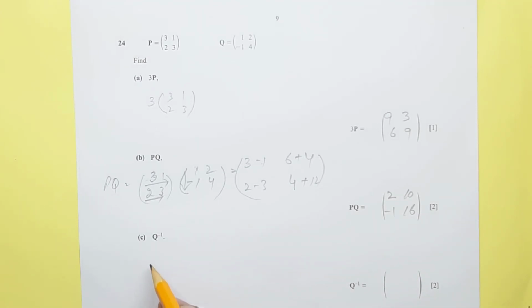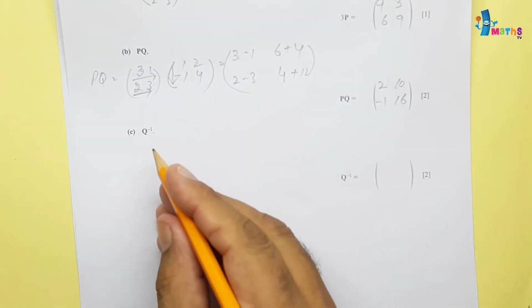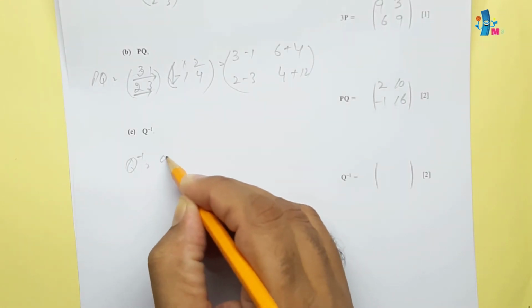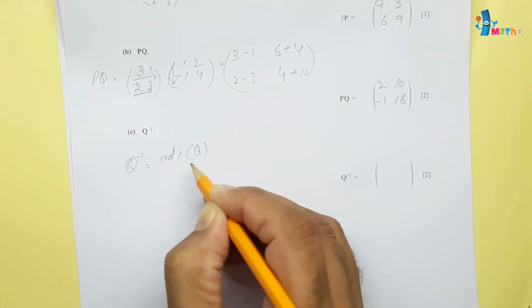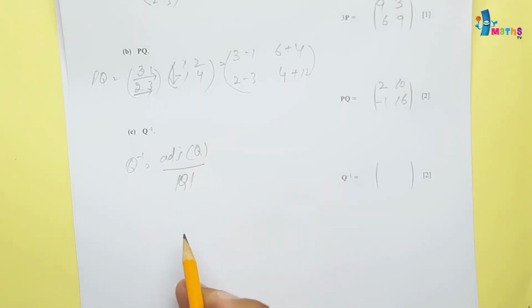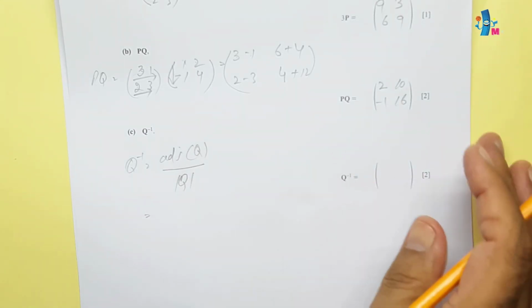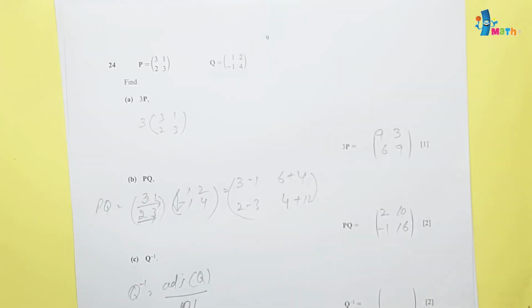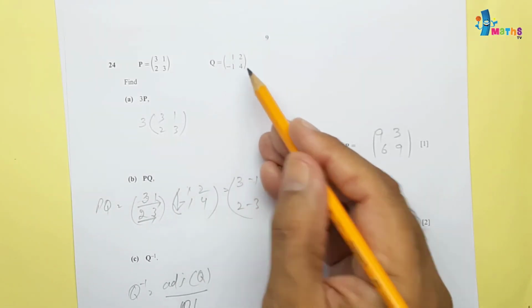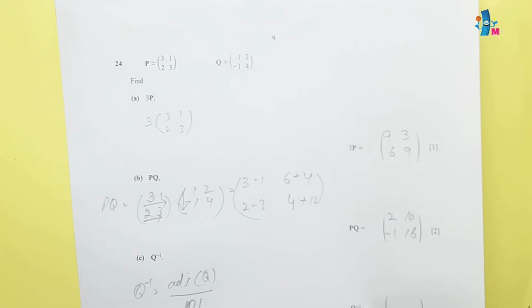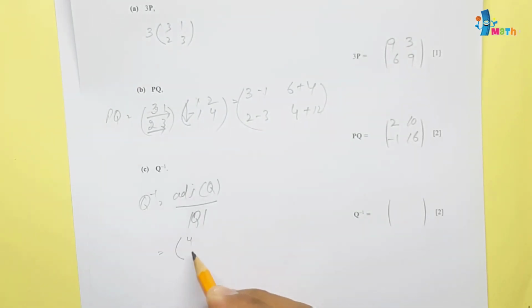Then Q minus 1, basically Q inverse we have to find. For Q inverse we know the formula: Q inverse is equal to adjoint of Q over Q mod. This is the formula which we will be applying. Adjoint means changing location. Our Q is this one, so changing location of these two will be 4 and 1. And changing sign of these, minus 1 will change to plus 1 and 2 will change to minus 2.